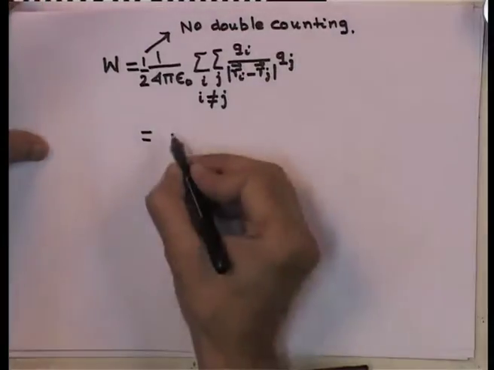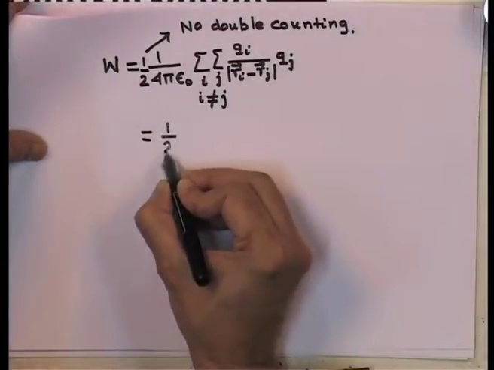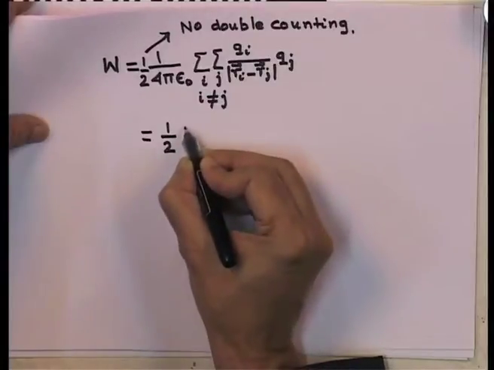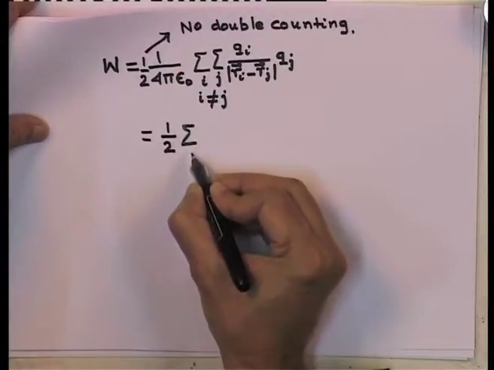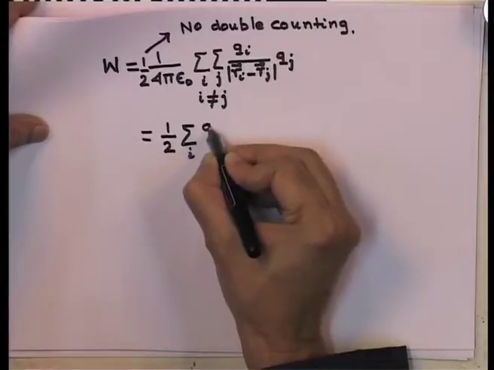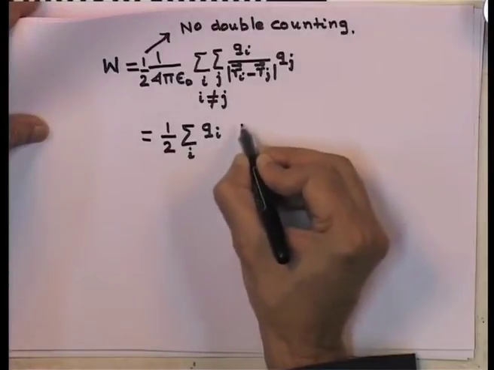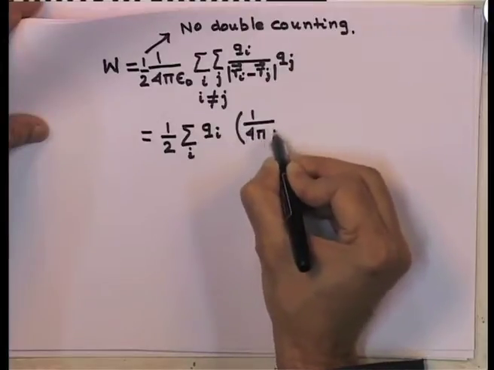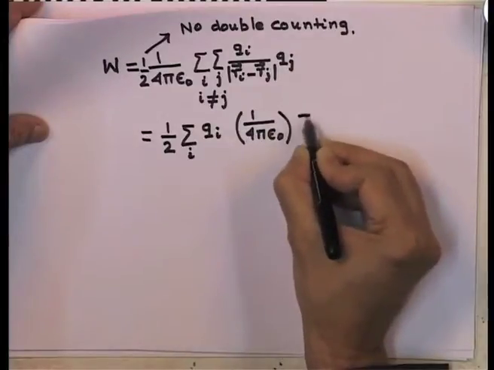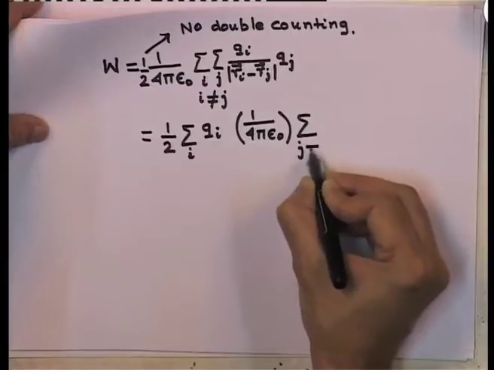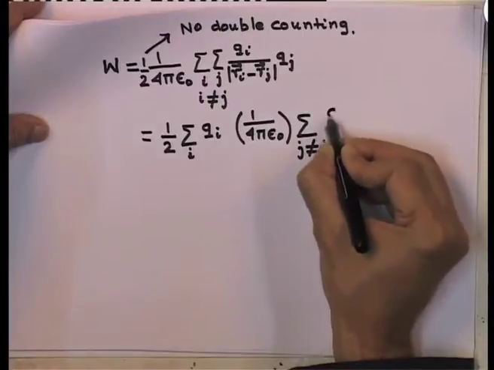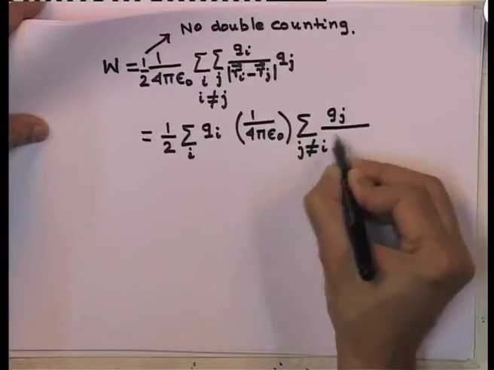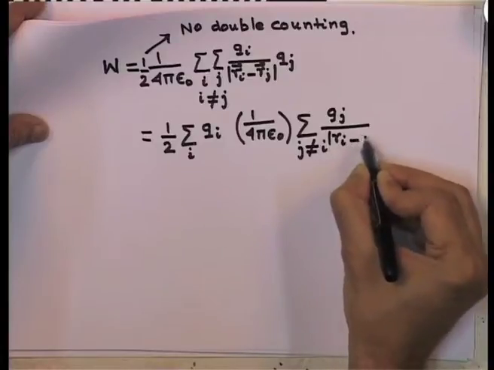But now you notice that this quantity is equal to half sum over i Qi. Now, let me write this 1 over 4 pi epsilon 0 there, sum over j not equal to i, Qj divided by the magnitude of Ri minus Rj.